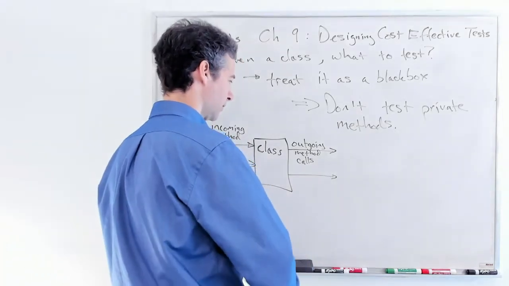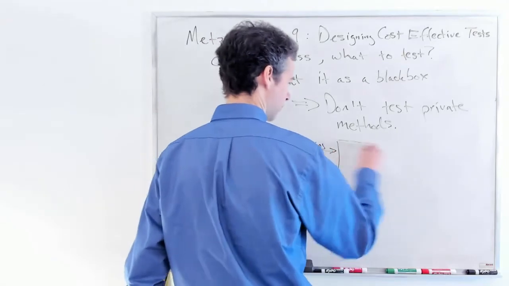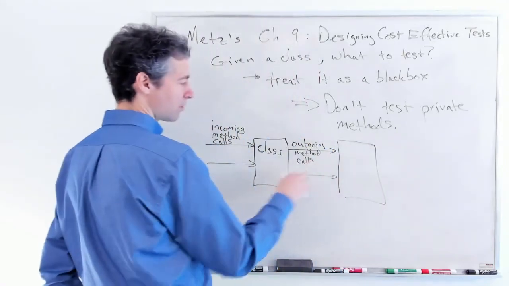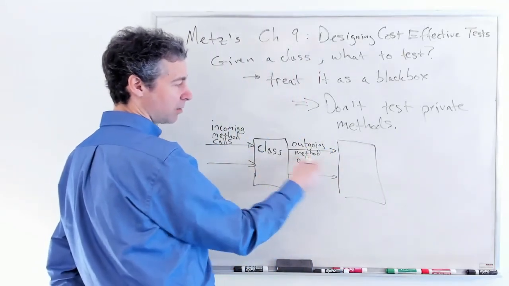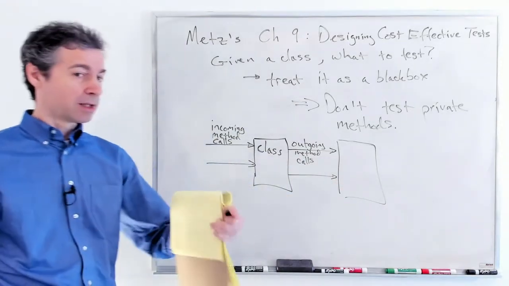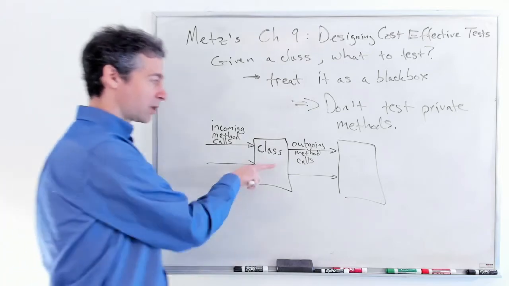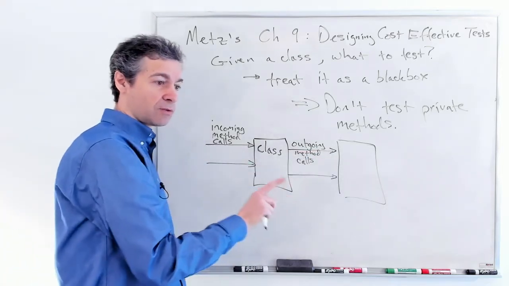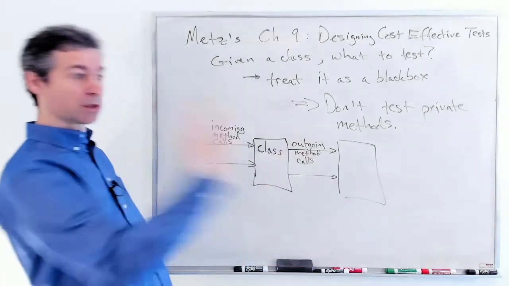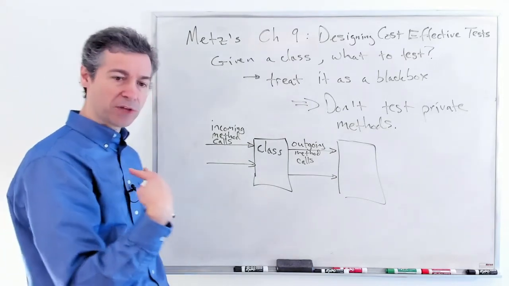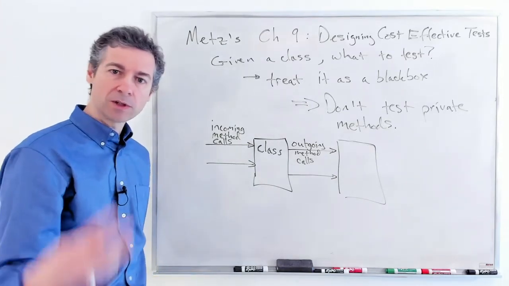So one class has outgoing calls and another class has incoming ones. This seems pretty clear and obvious, but let's not forget it. When we're calling other objects, from their perspective, those are incoming method calls. Again, Sandi Metz calls these messages.